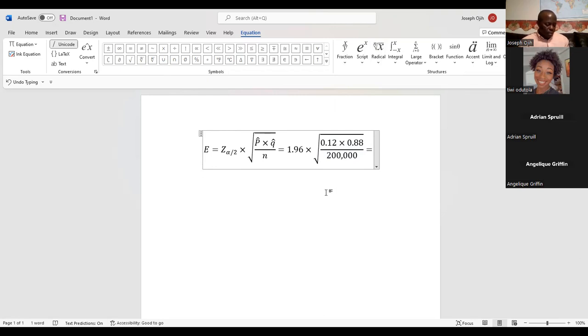1.96 times the square root of 0.12 times 0.88 over 200,000. Okay, let's put it in the calculator and see what it gives us.